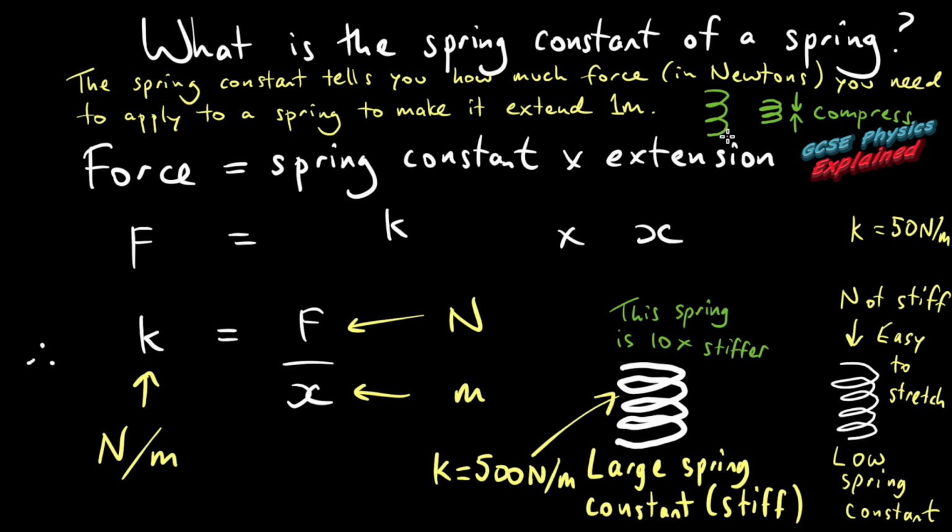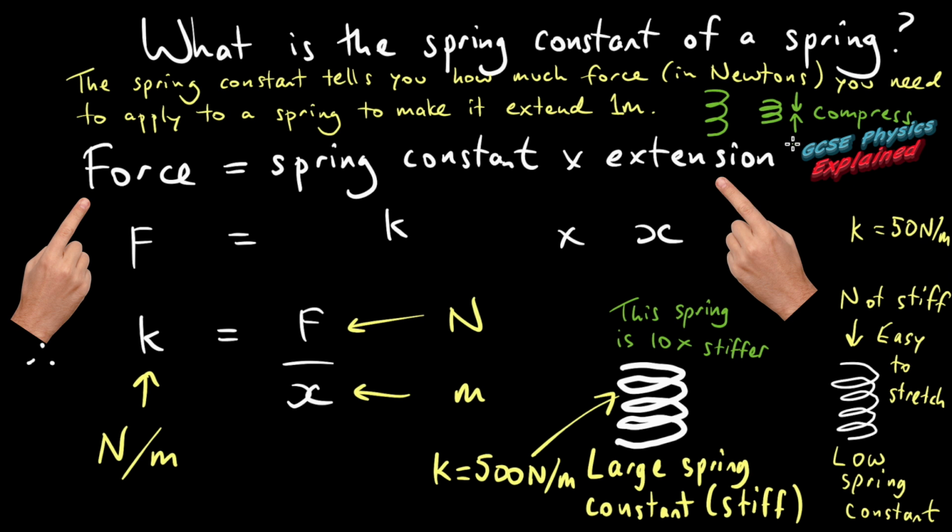So that could be like the springs in your car suspension, where at first they are quite stretched out, and then as you go over little bumps, the spring compresses. Now the second thing that I was going to cover, what is the equation that relates the force and extension of a spring? Well, I've already covered it here.